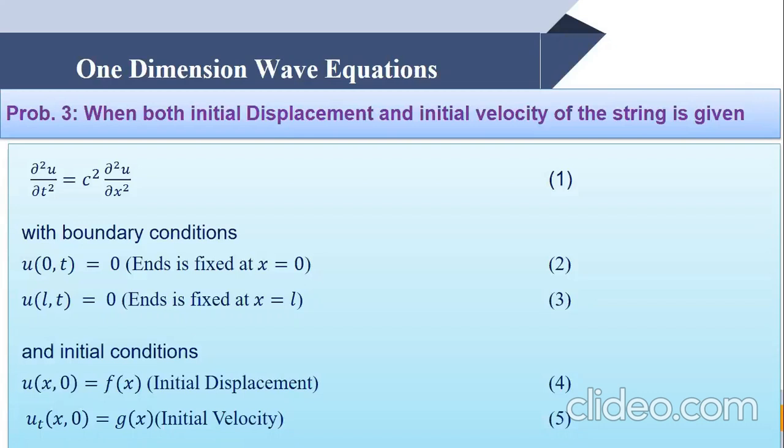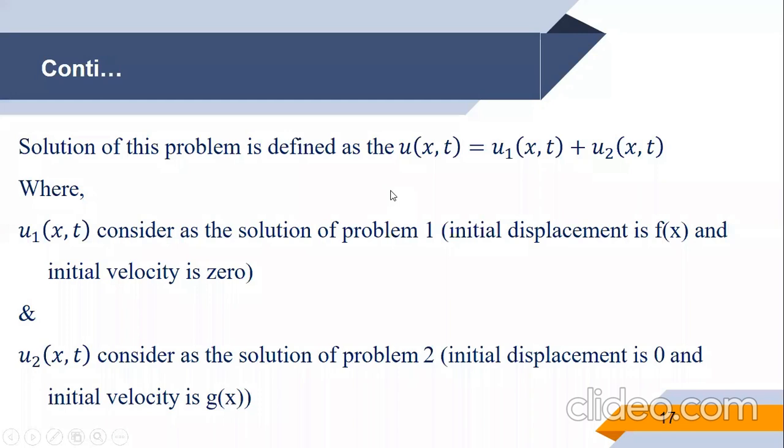So the mathematical modeling of this type of problem is defined as one dimension wave equation, equations 1, 2 and 3. Boundary conditions are similar for all problems. The initial condition, displacement we consider as function f(x) and velocity we consider as another function g(x).